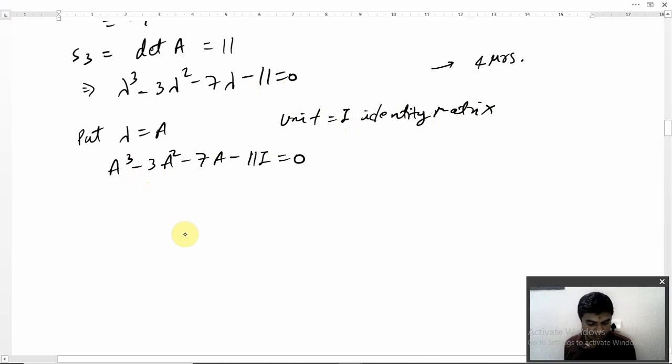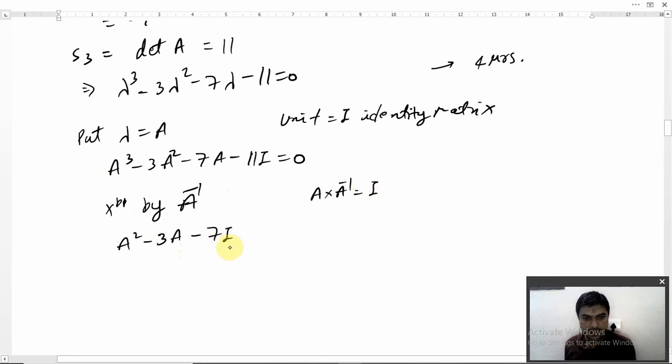I want to find A inverse, so I just multiply here by A inverse. If I multiply by A inverse, A cube becomes A square, minus 3A square becomes minus 3A, minus 7A into A inverse is 7I, please remember this is always an identity matrix, and minus 11 identity into A inverse, you are going to get 11 A inverse is equal to 0.